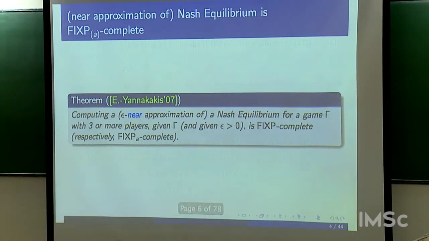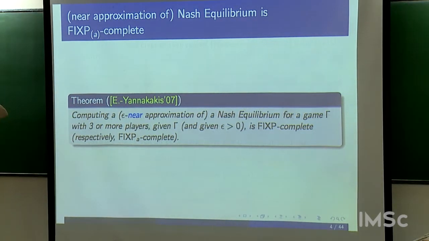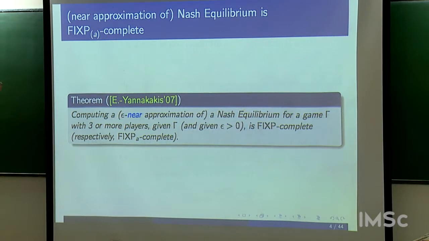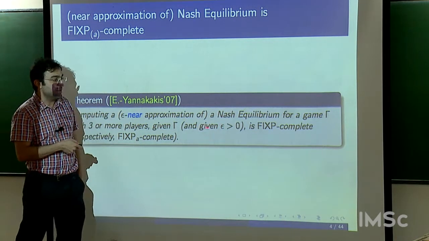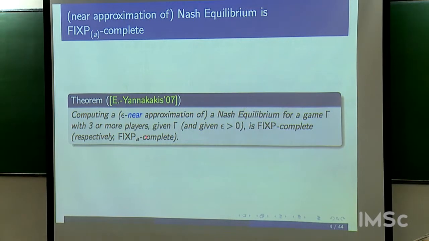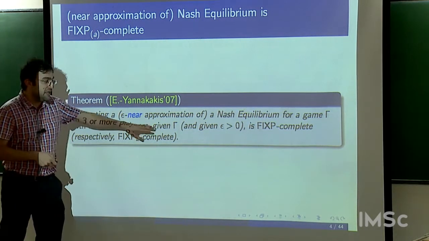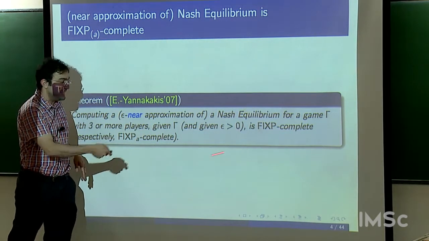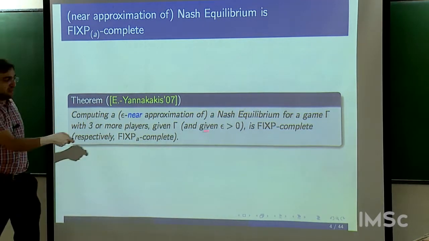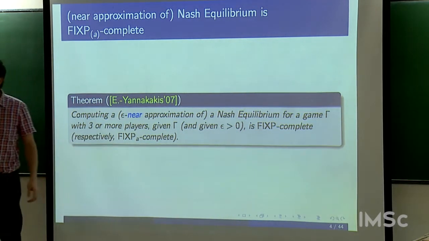This is a very, very robust class. And in particular, it has complete problems. The canonical one is computing an epsilon-near approximation of a Nash equilibrium for a game with 3 or more players, which is both fixP complete and fixPA complete. So in other words, if you wanted to approximate it, then you should also be given epsilon.